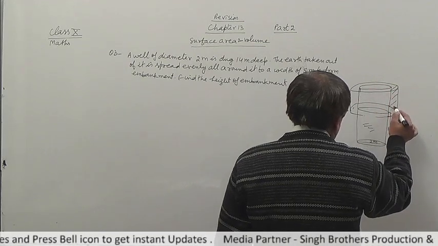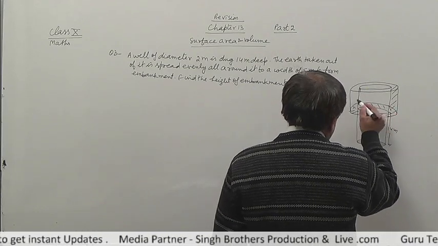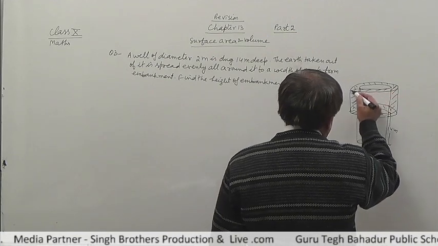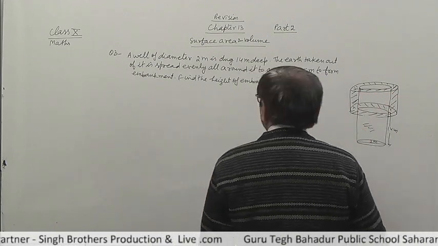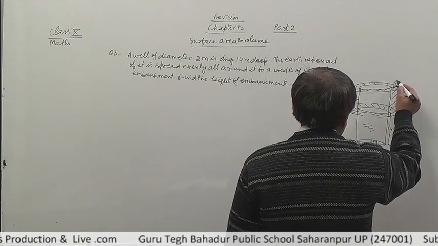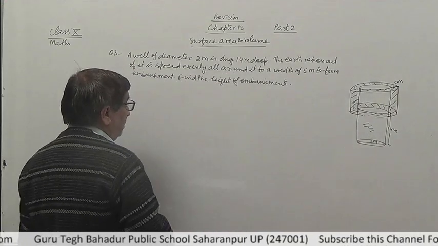This earth dug out is spread all around it, and the width is 5 meter. This distance is 5 meter. Find the height of embankment.